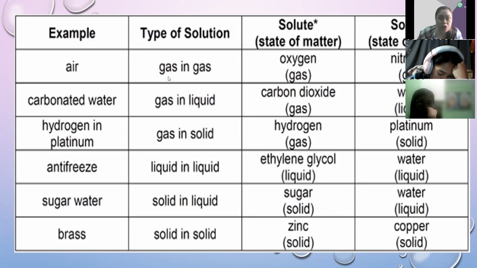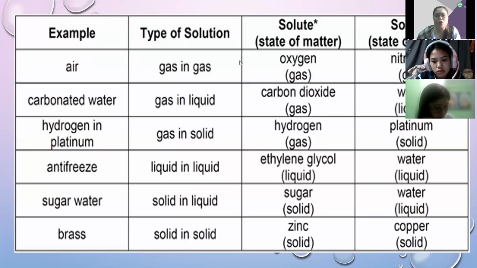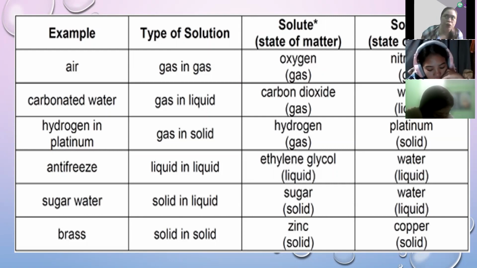Kasi air is uniform ang kanyang appearance, gas lang talaga siya lahat, pero meron siyang solute and solvent. So example, for air, oxygen will be our solute because that will be present in a lower amount, and then the solvent will be the nitrogen. So most of the time, take note, ang solute is present in smaller quantities while the solvent is yung mas marami. Okay, pag hindi mo siya ma-identify, doon ka sa kanilang quantity.